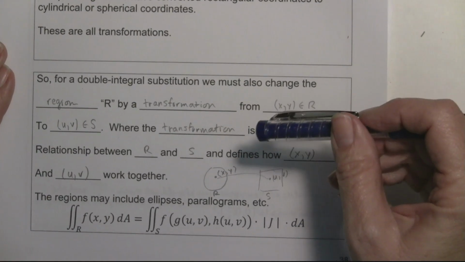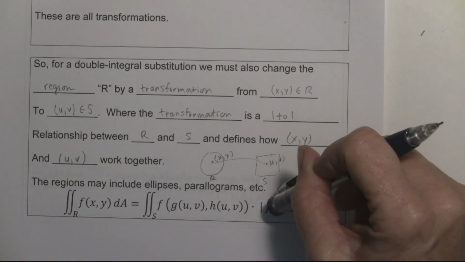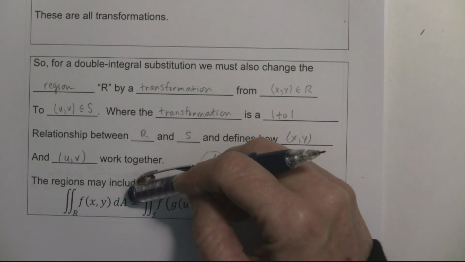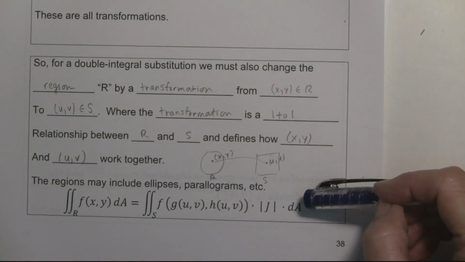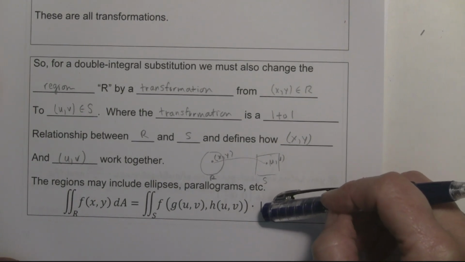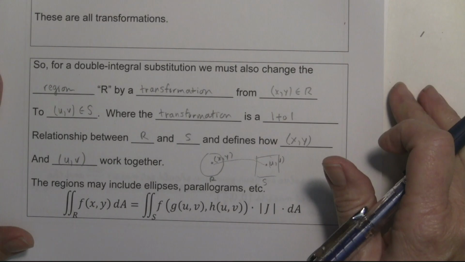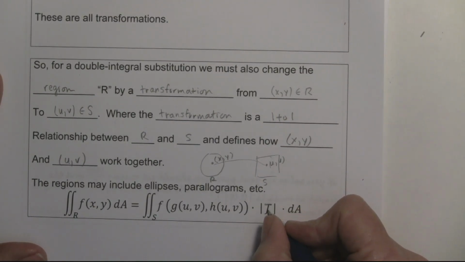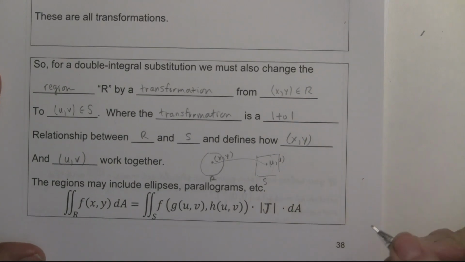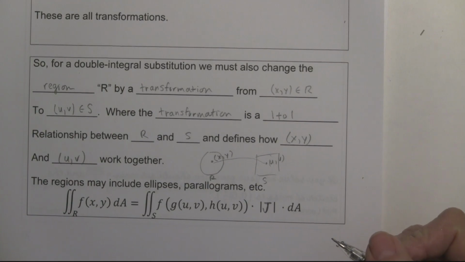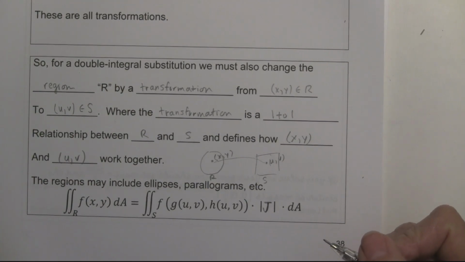Now, when we make this transformation, there's something in there that's a little bit extra. It's not just the variables in dA changing; there's something extra, and that extra thing is called the Jacobian, and its variable is J. That J does have an absolute value around it, so it's positive.